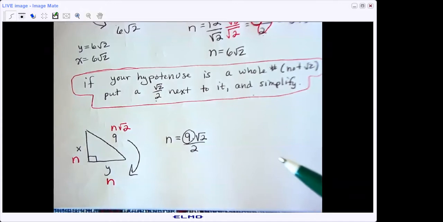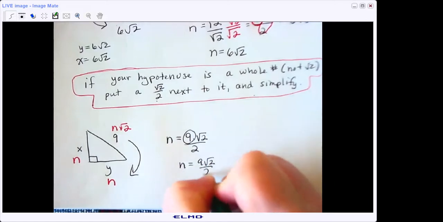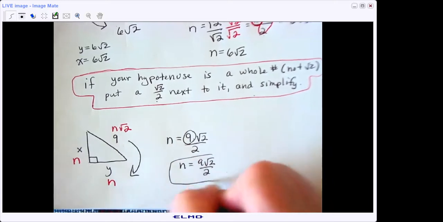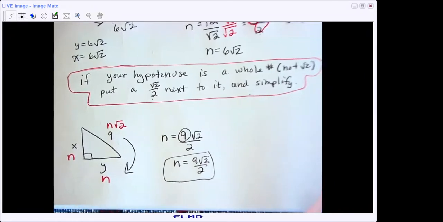No. Good. So our n is 9 root 2 over 2. That's it. Done. So x and y are both 9 root 2 over 2. We're not going to make it a decimal because we don't do decimals with this. Okay. That was it. Any questions that I can clarify?